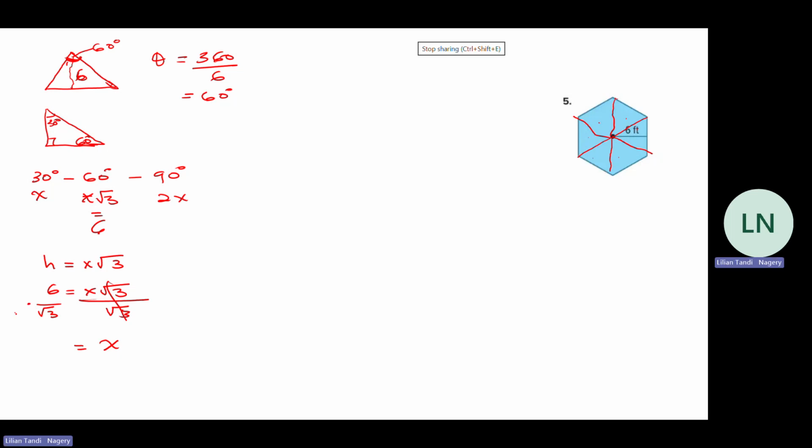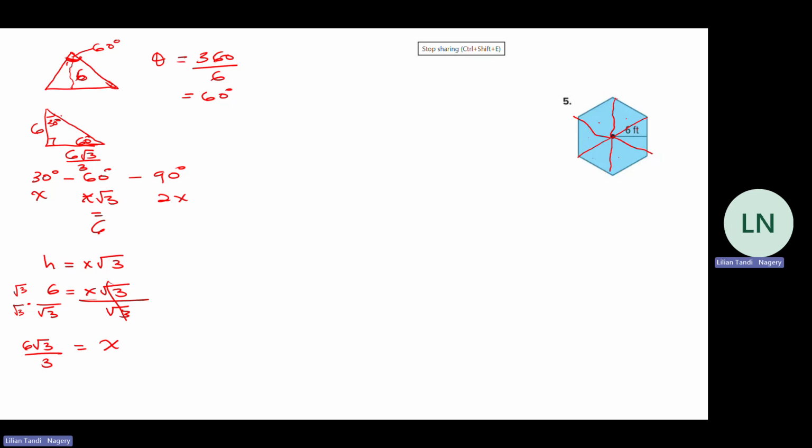You multiply the numerator and the denominator by the conjugate of the denominator. The conjugate of square root of 3 is just square root of 3. So this becomes 6 square root of 3 over 3. That is the side opposite the 30 degree angle, 6 square root of 3 over 3. This is 6 over here.